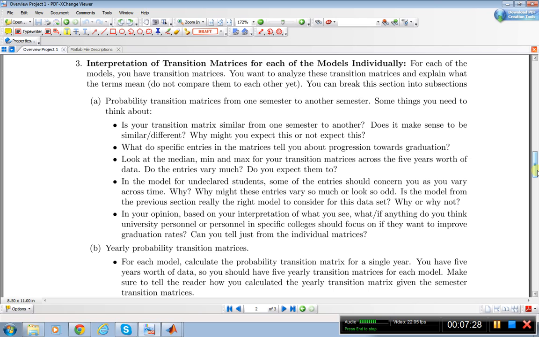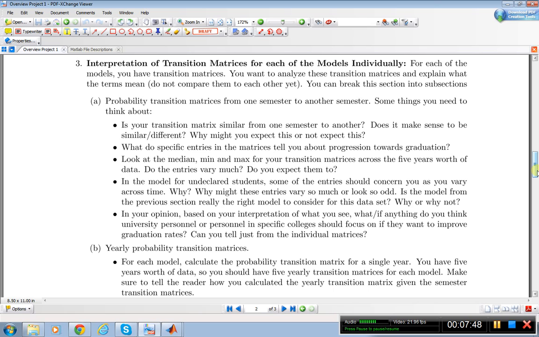From semester to semester, I give you a code that gives you the median of all fall to spring, or the median of all spring to fall matrices. So do the entries vary much? Do you expect them to vary much? The code also spits out the minimum and the maximum.